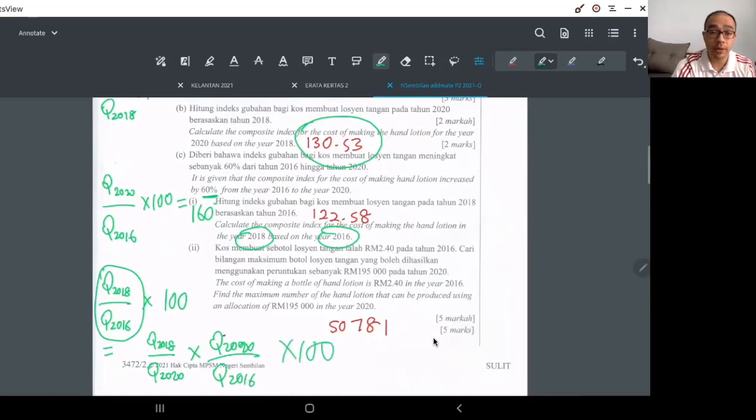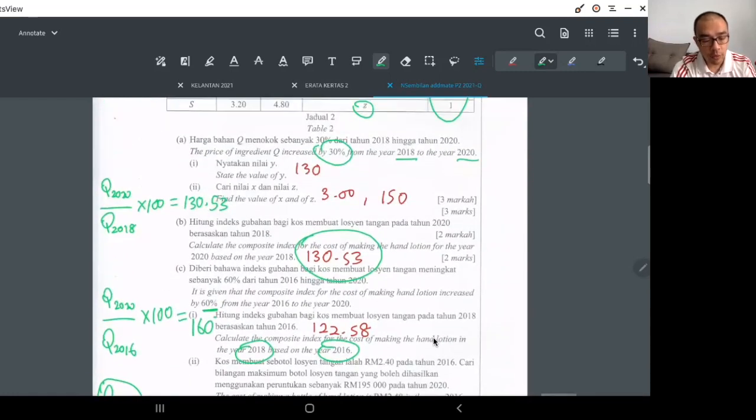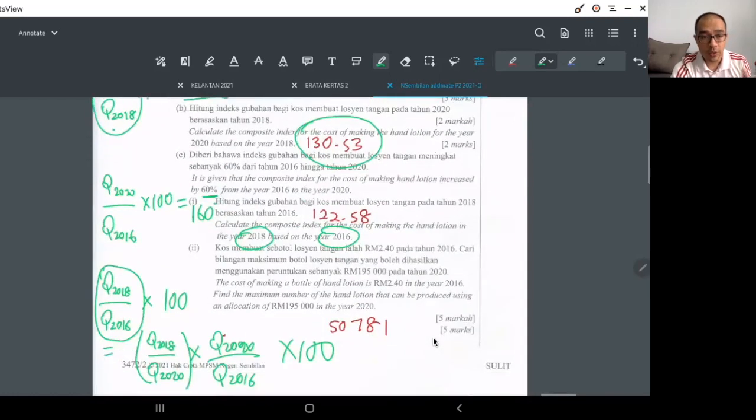You still have to times 100. Okay, so this 2018 over 2020, if 2020 over 2018 is 130.53, so ini akan menjadi, this will become 1 over 130.53. This will become times 160. Okay, multiply by 160. And then you get times 100. Okay, in order to get this answer, 122.58.